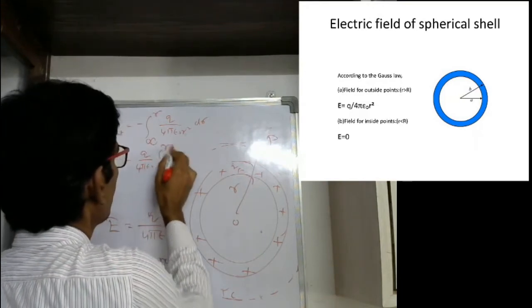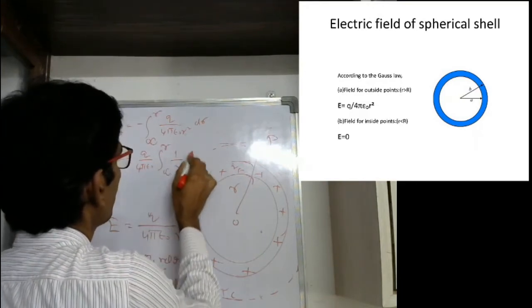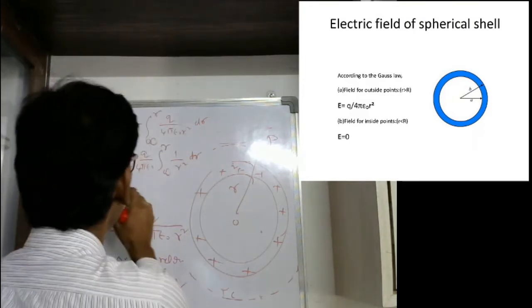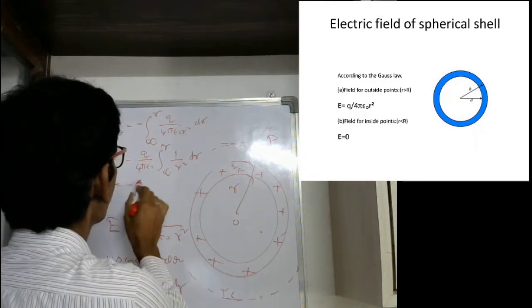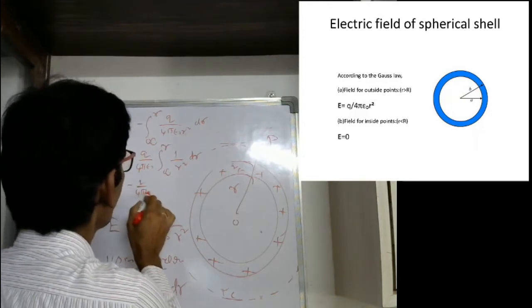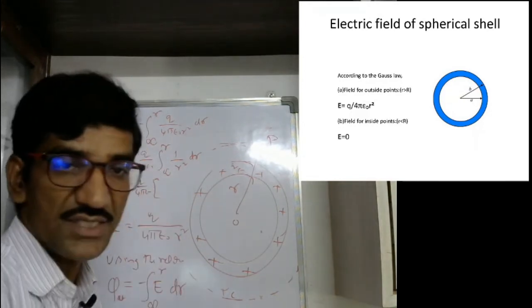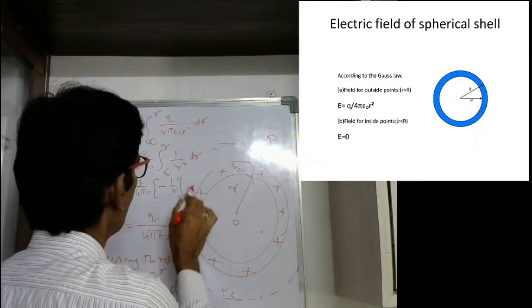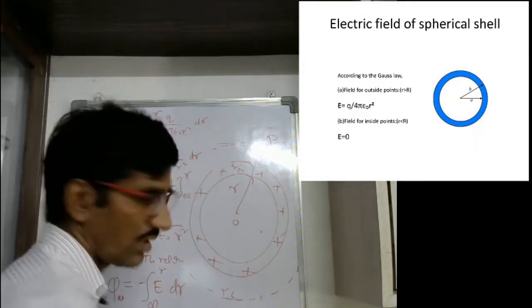Inside the integral, you just have 1 by r square dr. What is the integration of 1 by r square? Minus 1 by r, with limits infinity to small r.